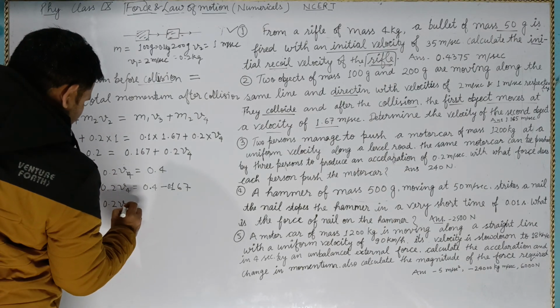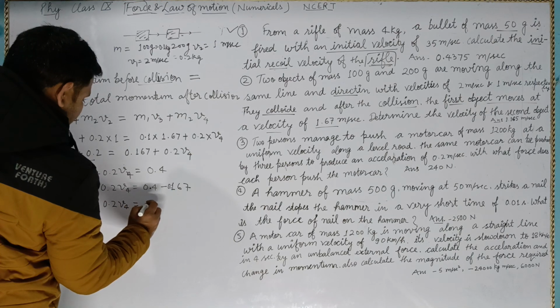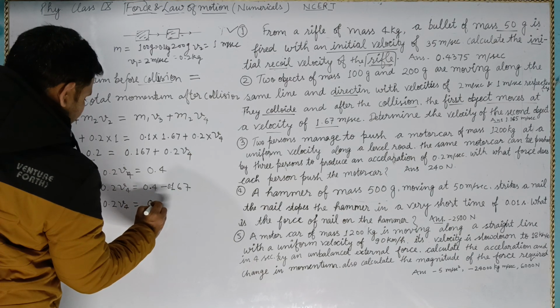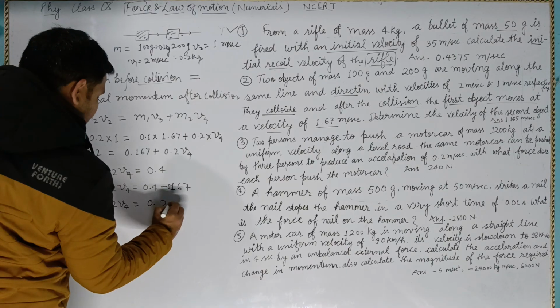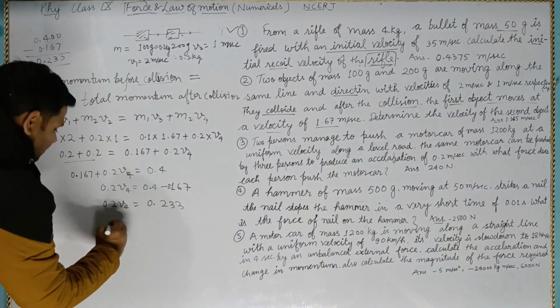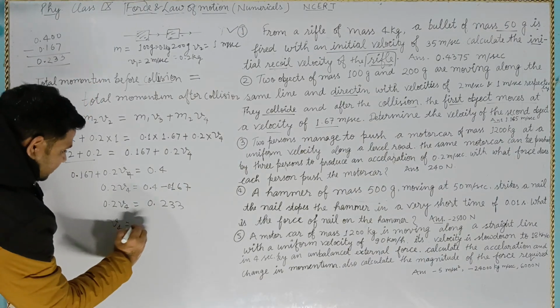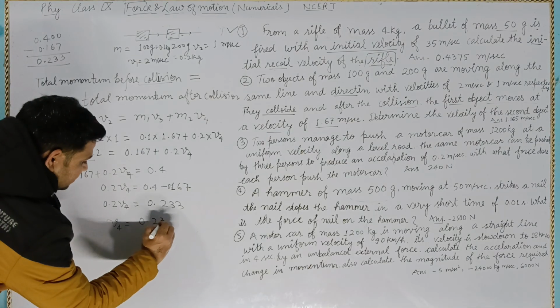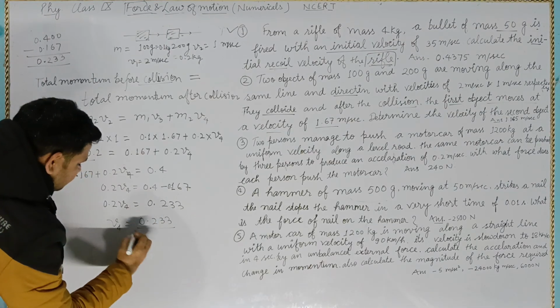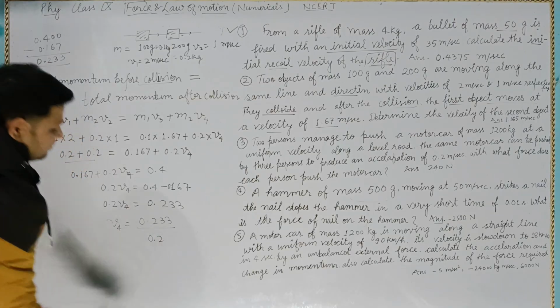So 0.2 v4 is equal to 0.233, and v4 is equal to 0.233 upon 0.2.